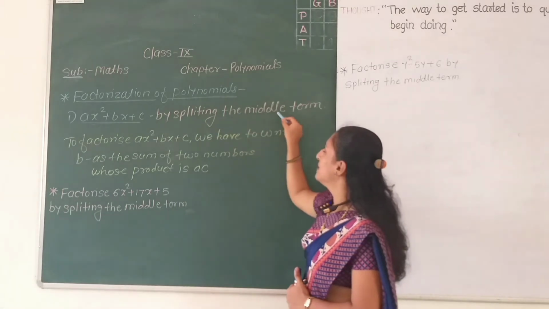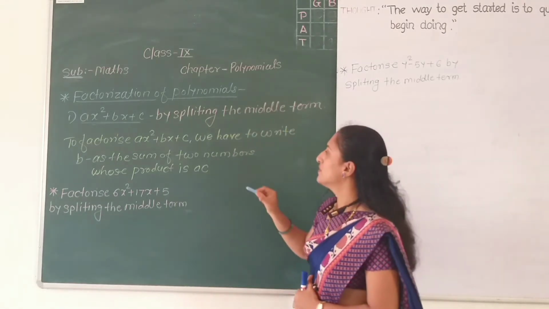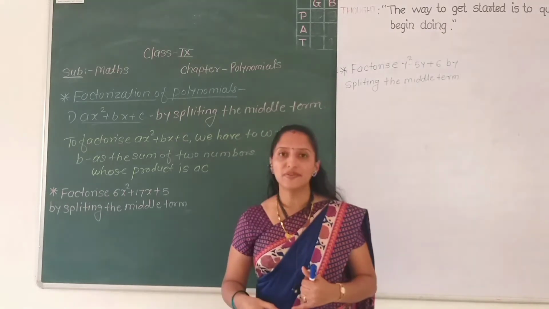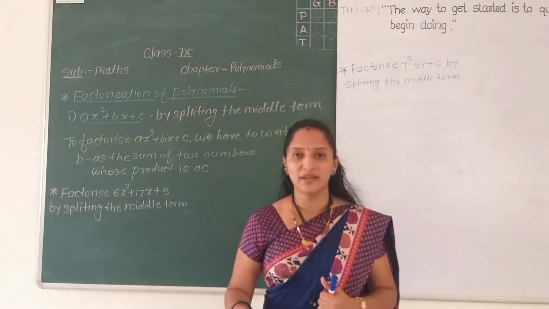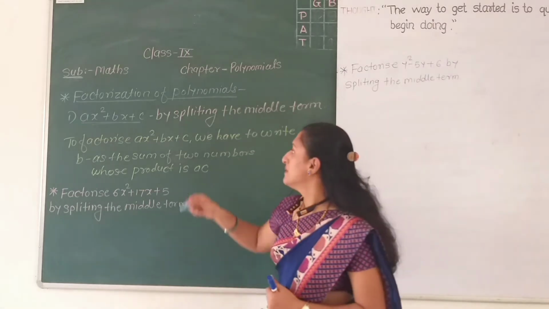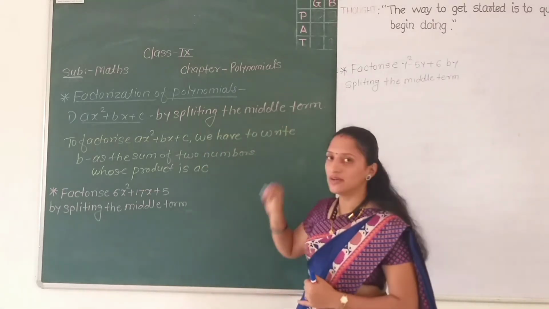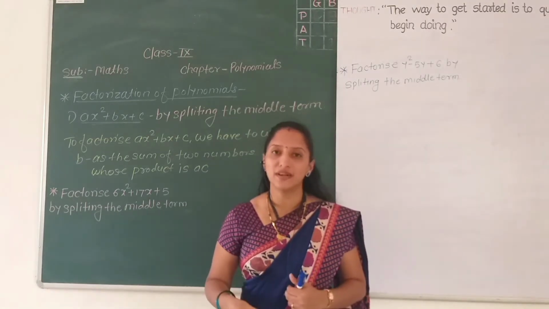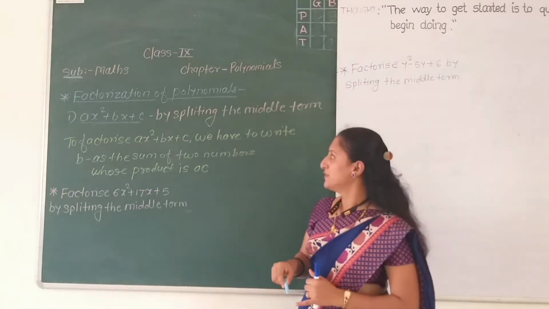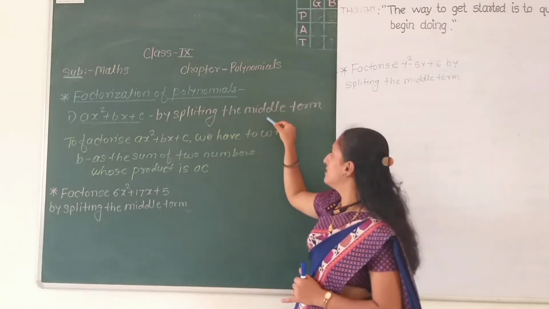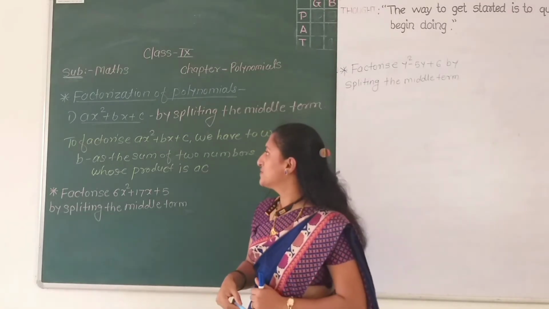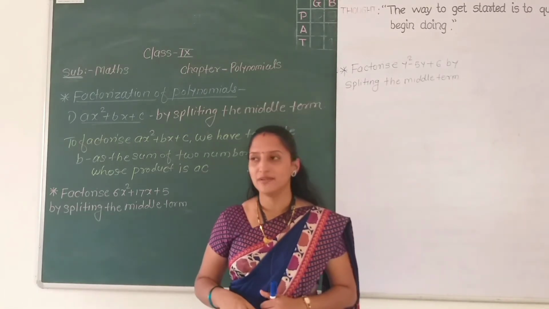There are two ways of factorizing: the first is by splitting the middle term, and the second is using the factor theorem. But splitting the middle term is a very efficient method to factorize a quadratic polynomial, so here we use the splitting of the middle term.